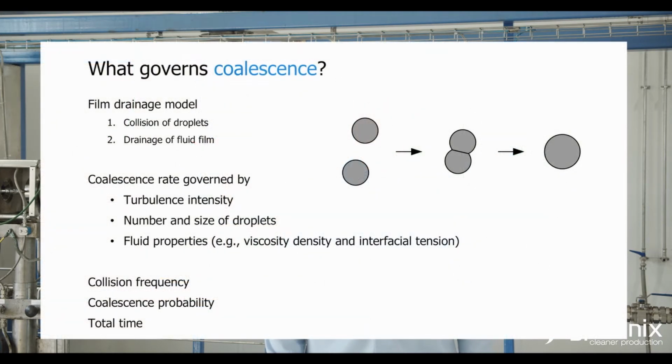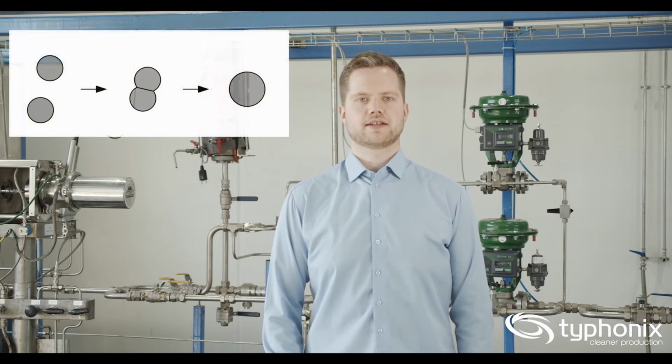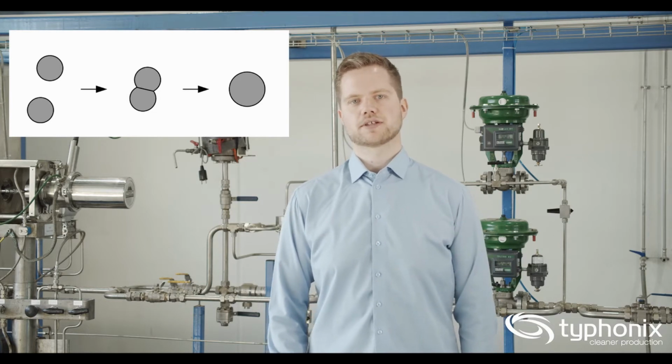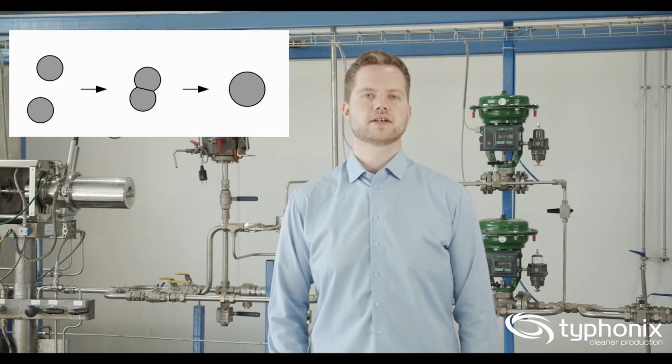Collision frequency says how often the droplets collide, and it's largely governed by the turbulence intensity, which is what brings the droplets together and makes them collide. And here you see that increased turbulence intensity will increase the coalescence. But this is only partly true, and I will come to that when I talk about coalescence probability.